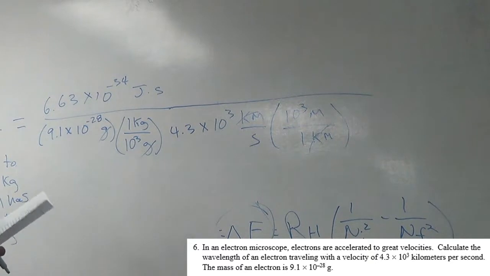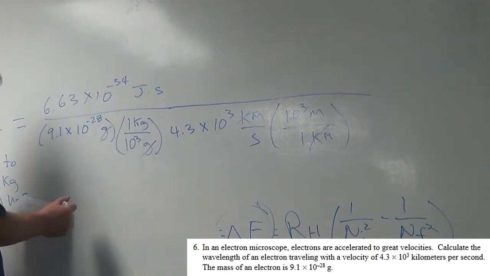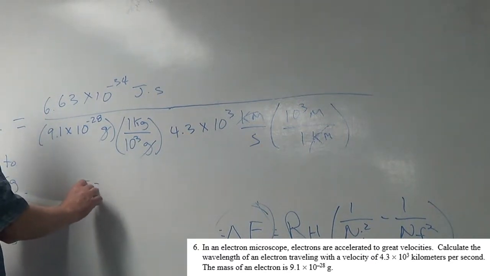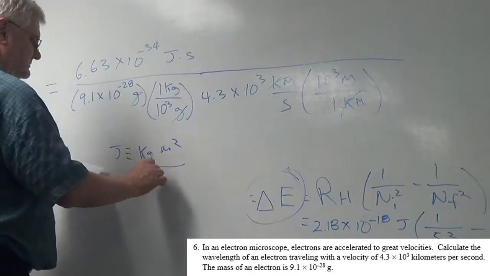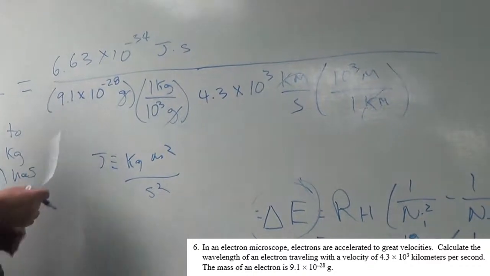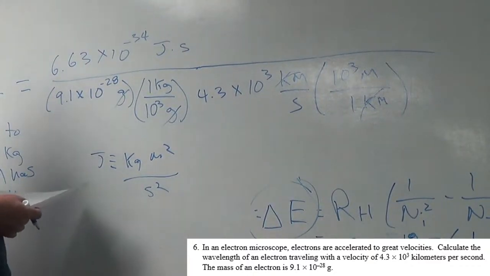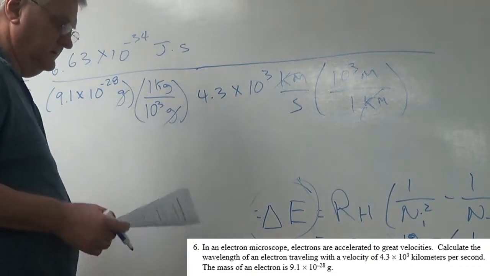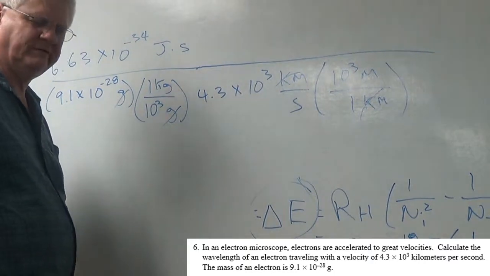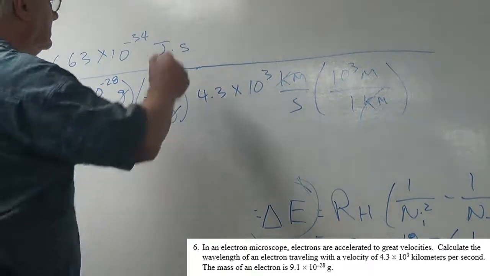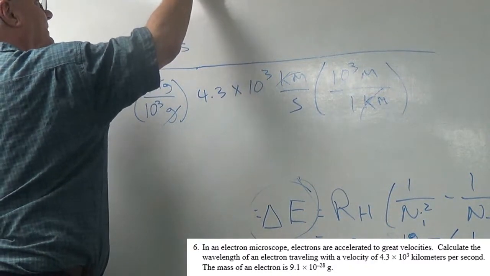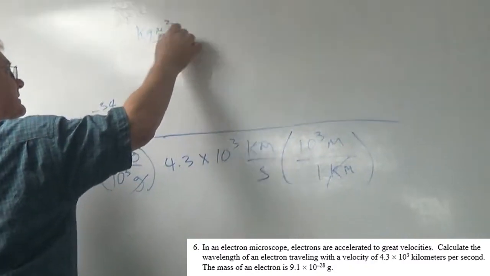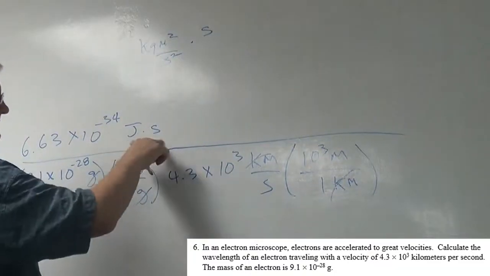And your answer will be, a joule is the same thing as a kilogram meter squared per second squared. So your answer will be in meters. Now, I know the units are probably even more confusing than the problem, but here you have joules, the same thing as a kilogram meter squared per second squared times second here.